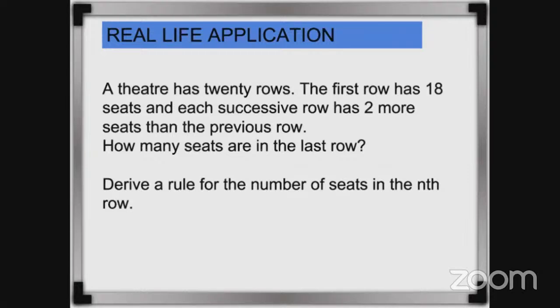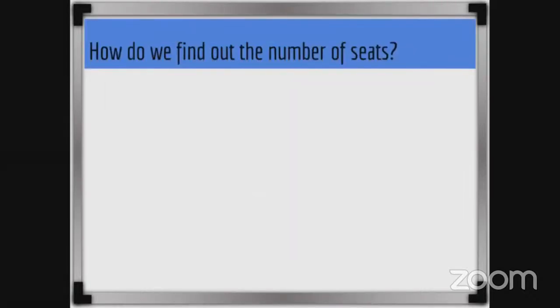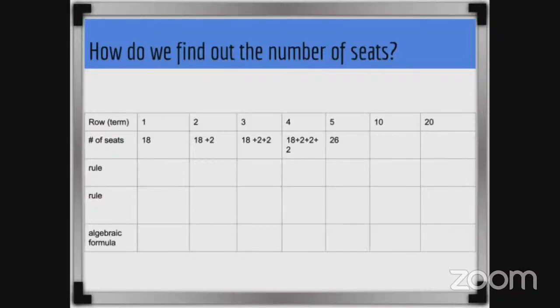Go up by 2 from 18 for each row. So you would just write out from 1 to 20 and add 2 each time? What would you do?